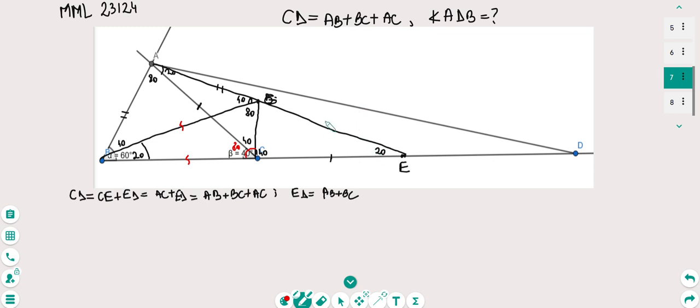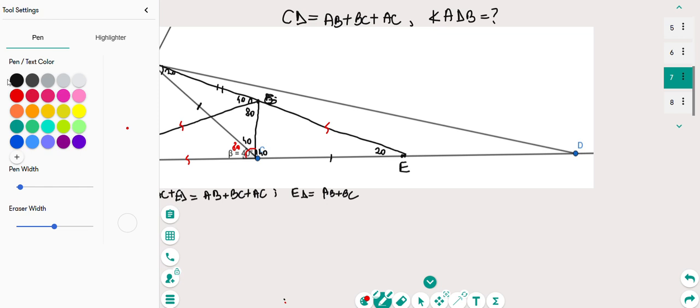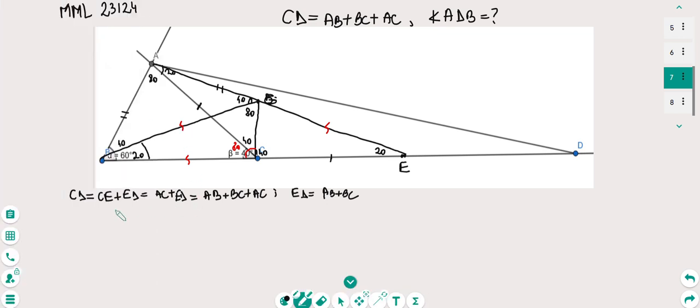Another isosceles triangle, BGE, curly line here. That's amazing. So the information we get is that BC, the initial curly line, is equal to GE.